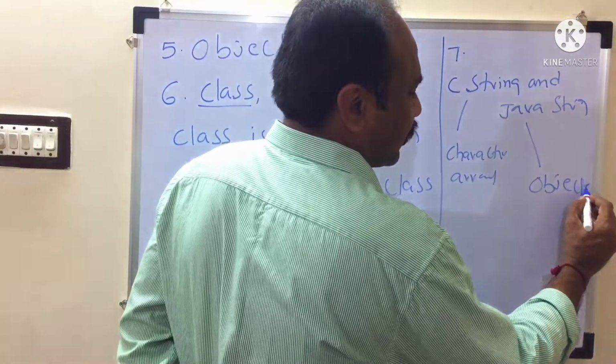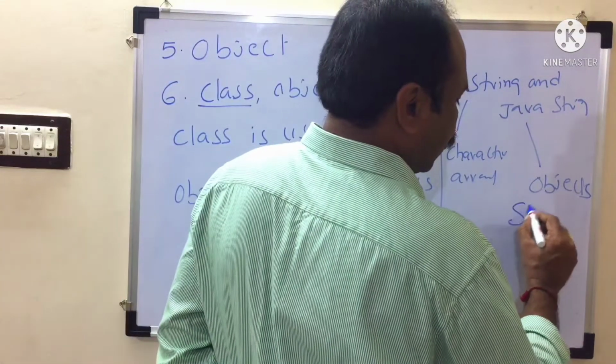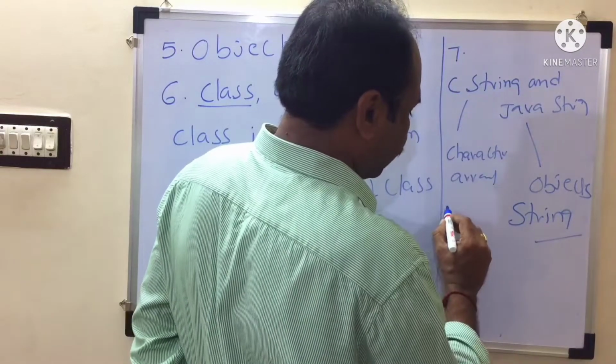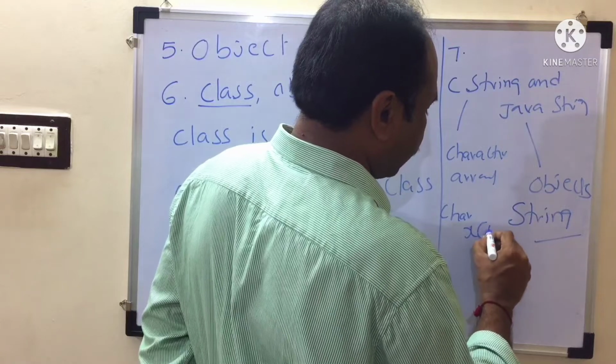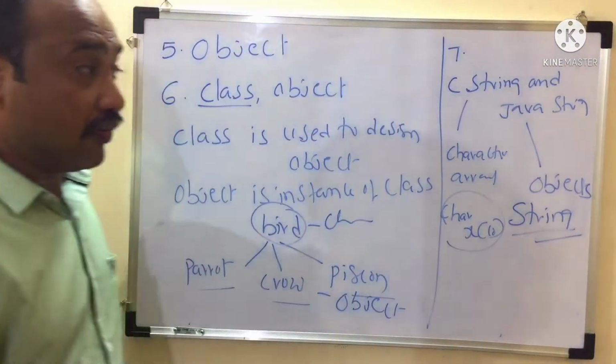In Java language, strings are designed as objects. To work with strings, we have to use String in Java language, but in C language, we have to write char x of size like this. This is in C language, this is in Java language.